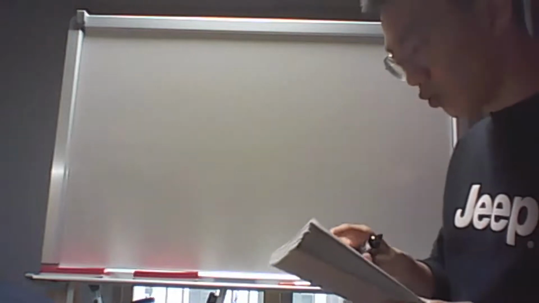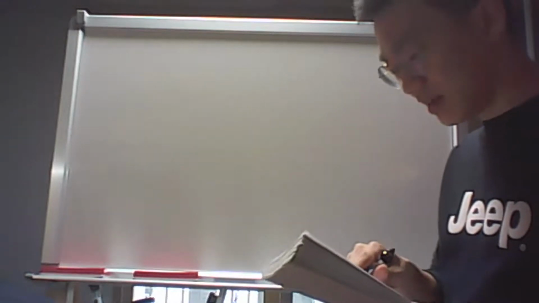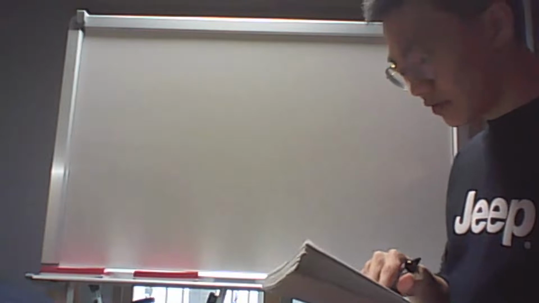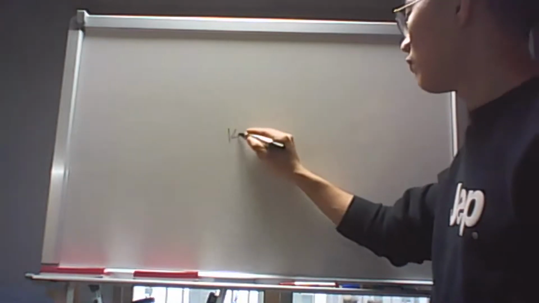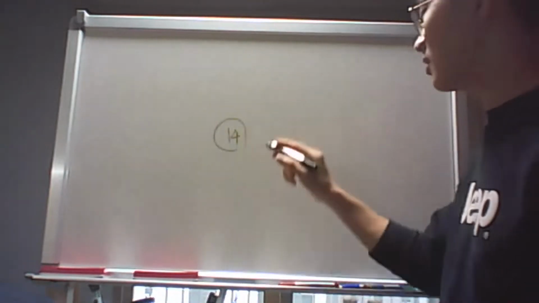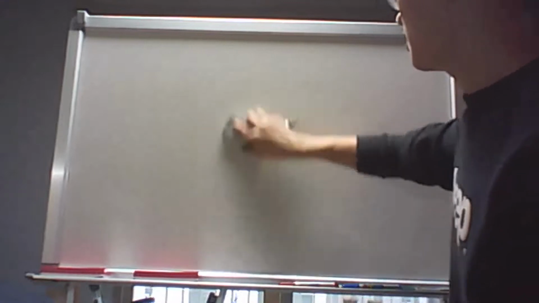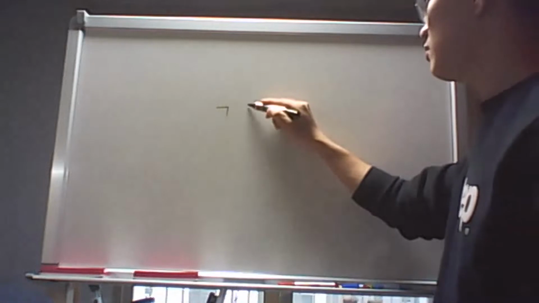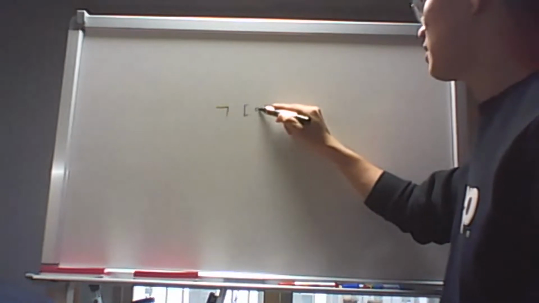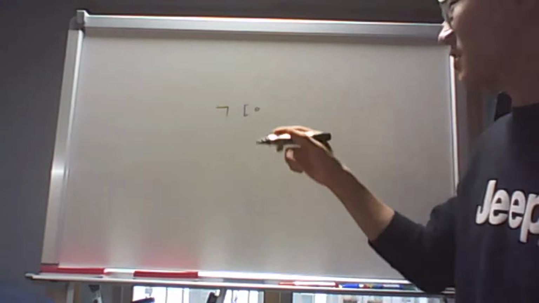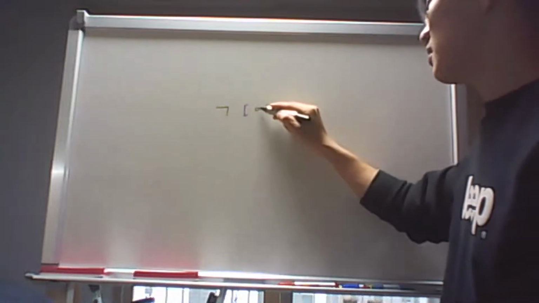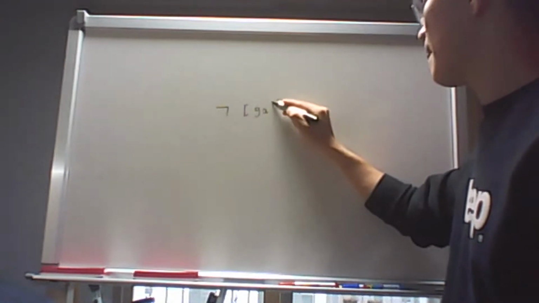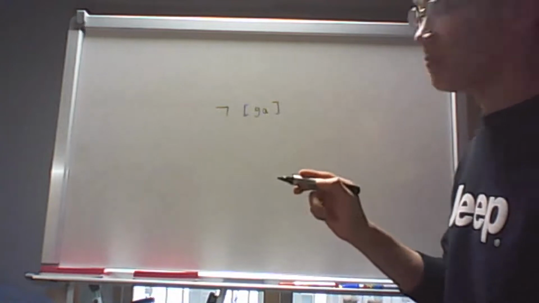First, in Korean, there are 14 consonants. I will teach you about these. We pronounce this first consonant like ga.